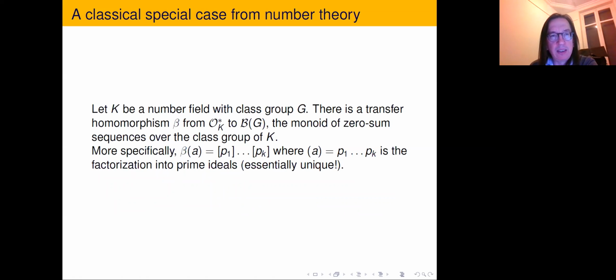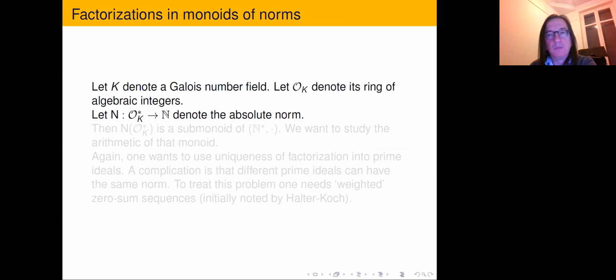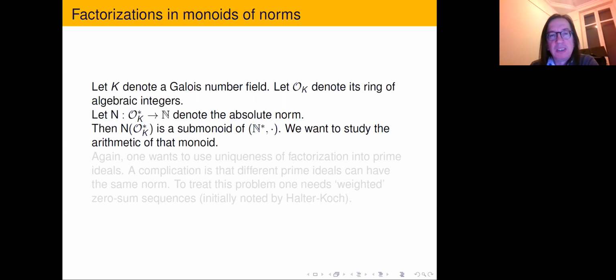So with this at hand, one could ask related questions. If we have this ring of algebraic integers, one has a norm map that goes to the integers, and then the set of all norms of algebraic integers of this ring forms a submonoid of the multiplicative monoid of the positive integers, and one could want to study the arithmetic of this submonoid. Maybe it's interesting.